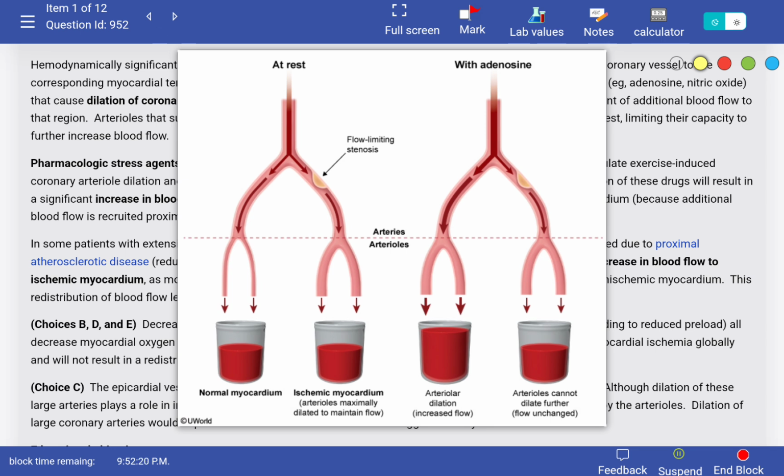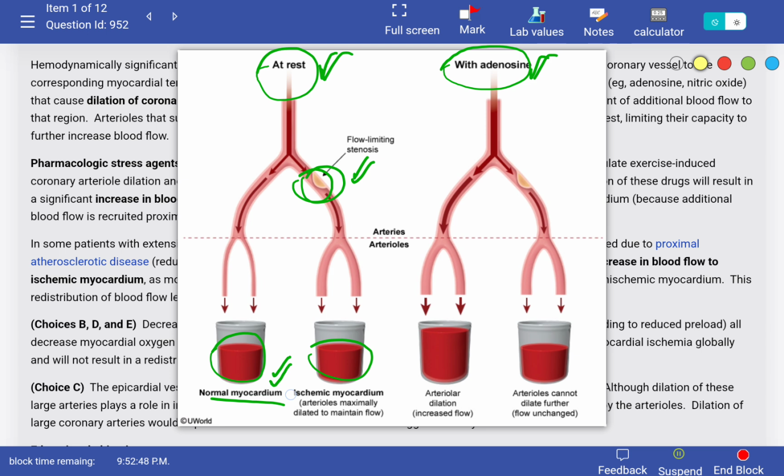Now, if we want to differentiate between these two conditions, at rest and on the other side, if we use adenosine or dipyridamole, which will provide a condition like exercise. So, what would happen normally if there is stenosis on one side, right? Over here, the blood flow will be the same as to the non-ischemic side. So this is normal myocardium, and these are dilated maximally.